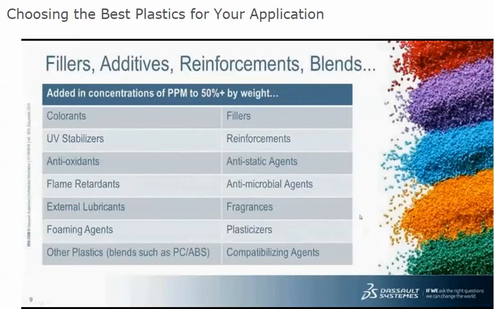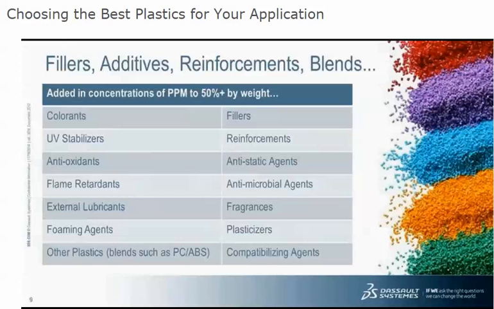Now, on top of all of that, I mentioned that all these materials can be very easily or highly customized. That would be through the use of fillers, additives, reinforcements, polymer blends, and that list actually goes on. So in this table here, we look at things that might be added to the plastics in concentrations of parts per million, so relatively very small amounts, to sometimes up to 50% by weight or even higher than that.